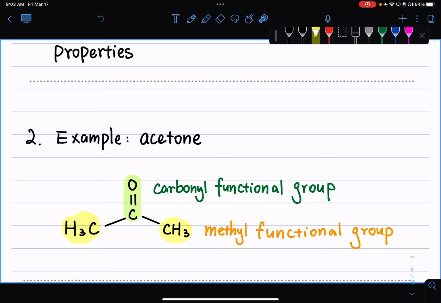But I do want you to know what a functional group is when we talk about it. And using infrared spectroscopy, the vibrational spectroscopy, we can identify the existence of these functional groups in a complex organic molecule. We'll see an example very soon. So that's the first piece of information, functional group.